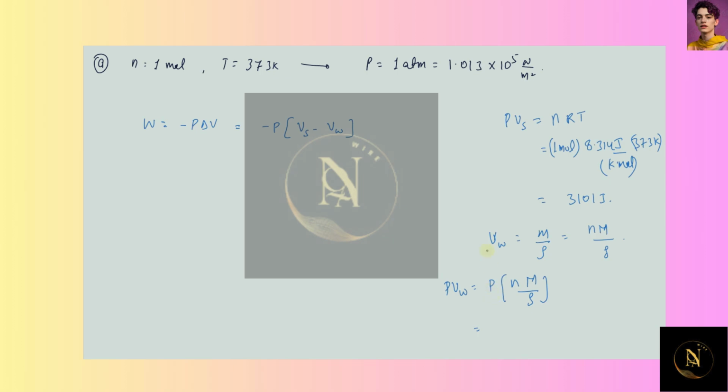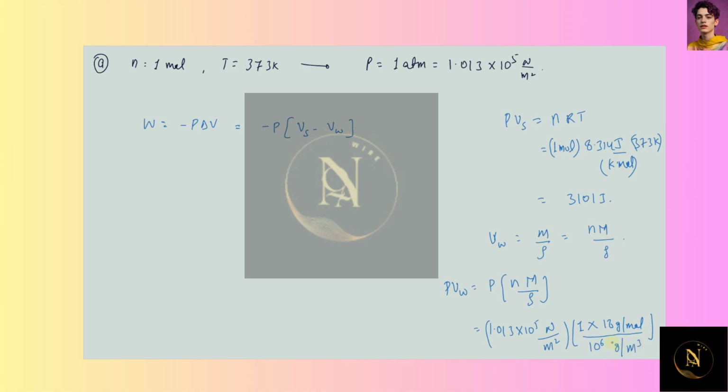The pressure we are given as 1 atm, but we need to convert it into Newton per meter square. We have to write it in this unit. So we'll get 1.013 × 10^5 Newton per meter square, times the number of moles, here 1, and the molar mass for water is 18 gram per mole, and the density of water is 10^6 gram per meter cube.